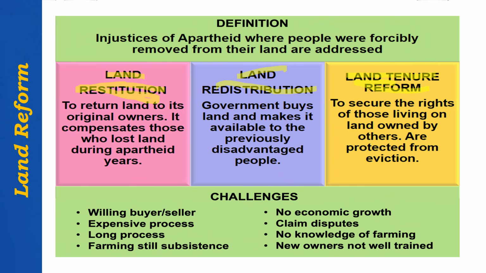Land restitution is about bringing back the land. It's about returning the land to its original owner. It compensates those who lost the land during apartheid. So we are returning the land back to those who lost their land during what? Apartheid. Land restitution is a process of compensating people for the land they lost due to forced removals during apartheid.